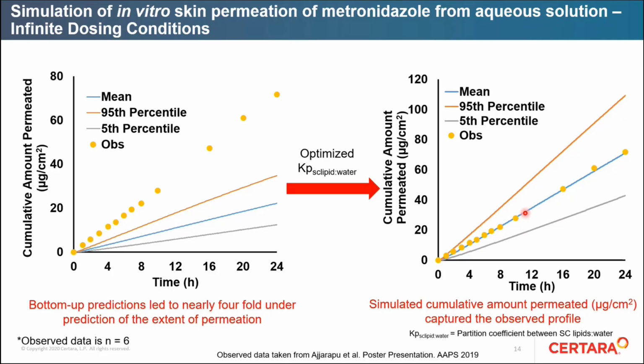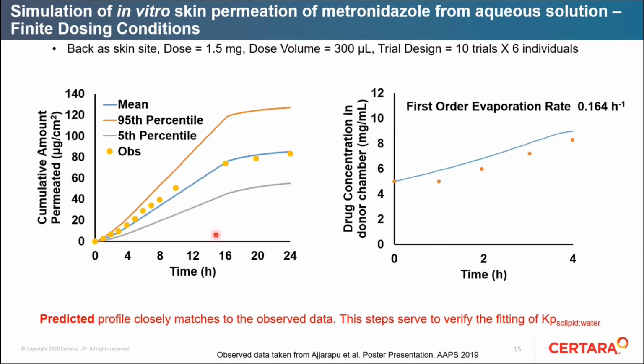So this was fitted. We then tried to explain this from finite conditions, again from the aqueous solution, and this was able to capture it. Once you use the infinite dose data to fit your KP-SC lipid to water, we were able to explain the finite dose experiment from the aqueous solution.